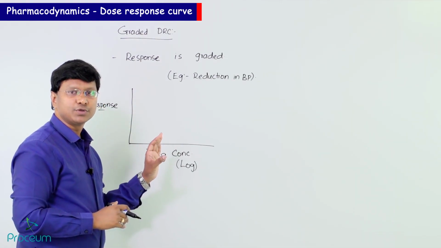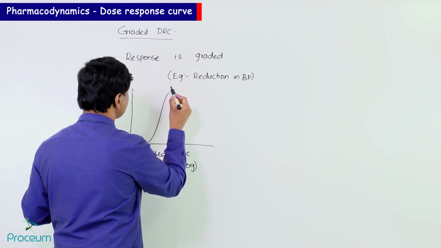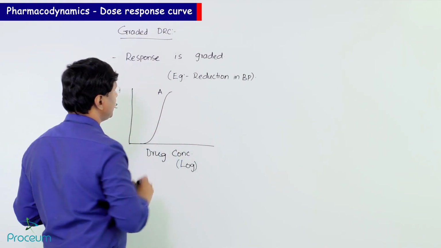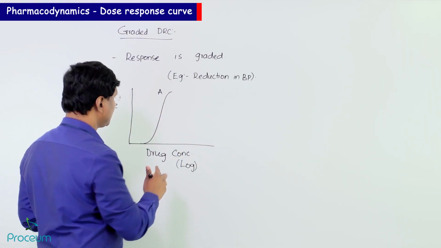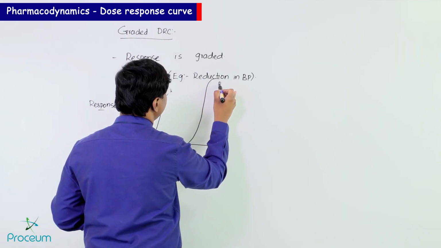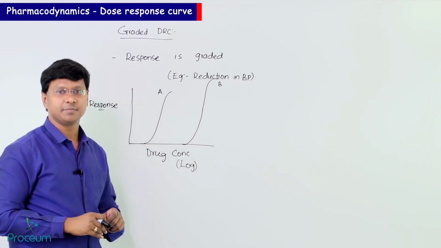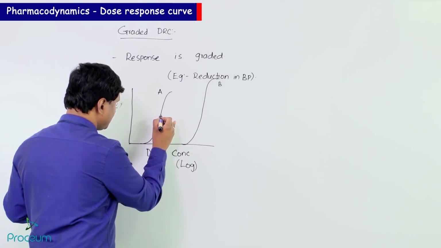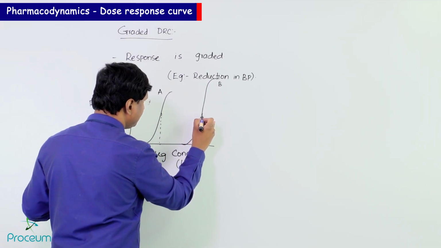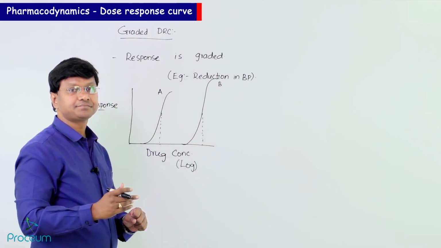Now, I'll tell you about two drugs here. We have drug A and drug B. So let me discuss this graph and the graded dose response curve.